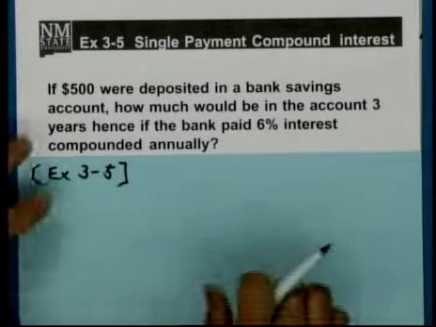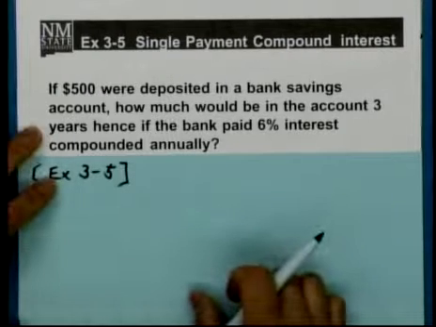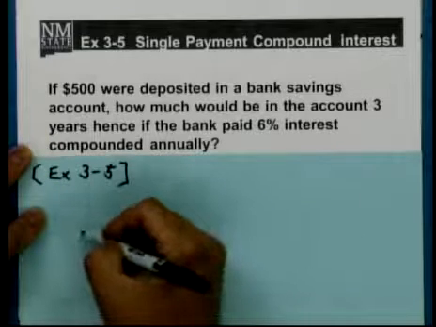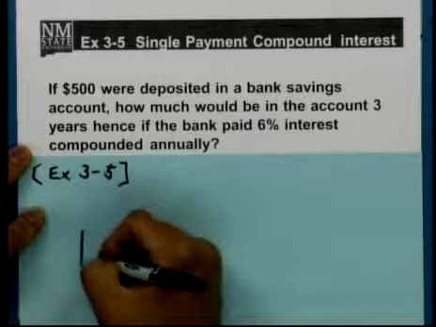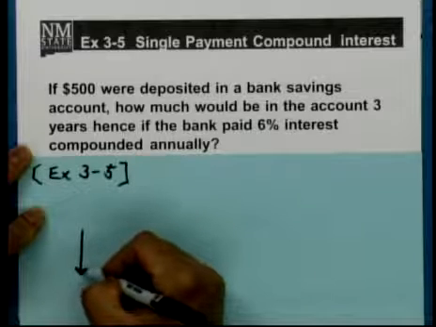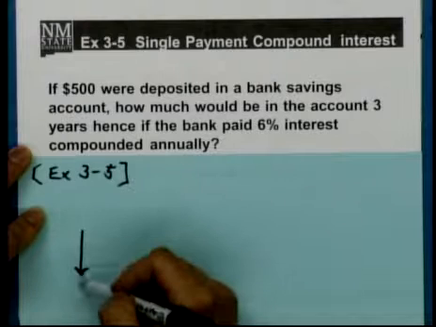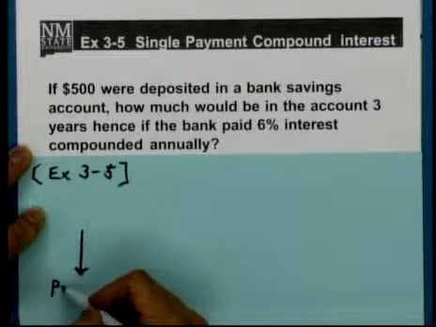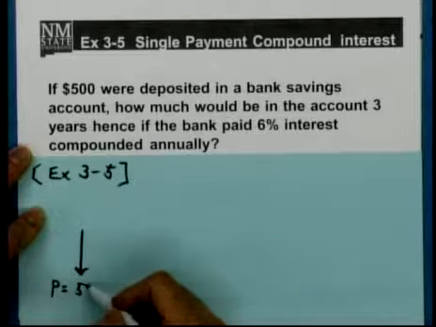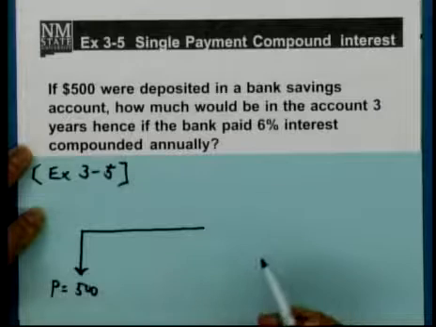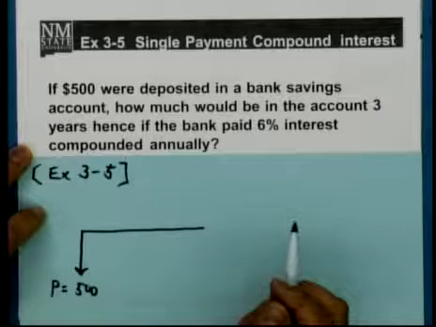So $500 were deposited in a savings account. If you want to draw a cash flow diagram, an arrow pointing down means the negative cash flow because you are going to pay $500. It's going to be like this, right? For 3 years.